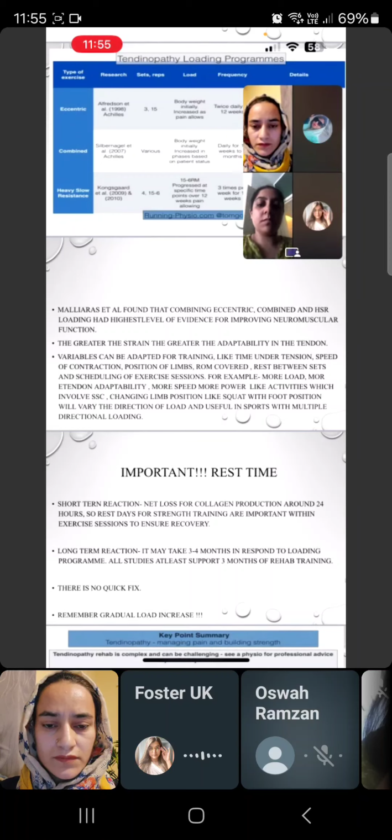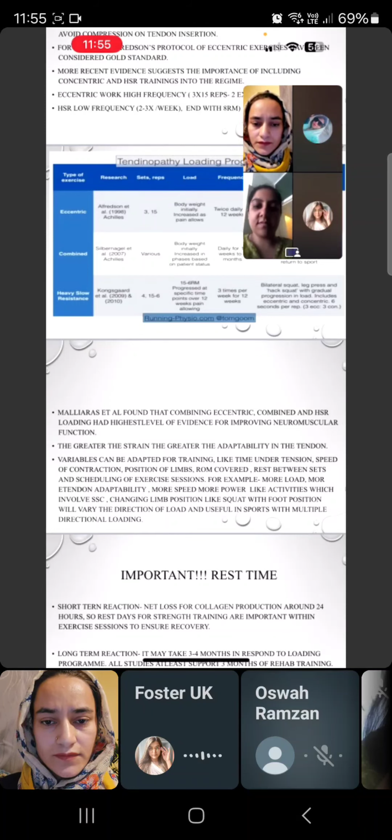For heavy slow resistance training, I want to add this point here, guys. The gold standard for heavy slow resistance is 8 repetition maximum. When you're progressing, use 80% of the load that they can use. 8 repetition maximum is the most commonly used.